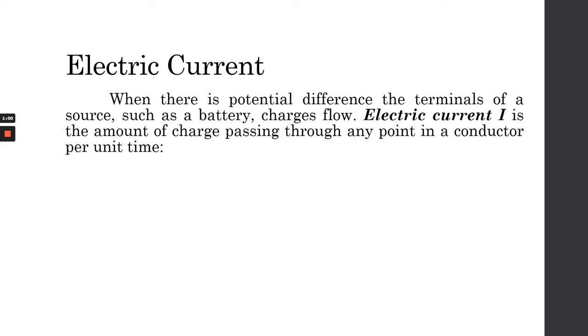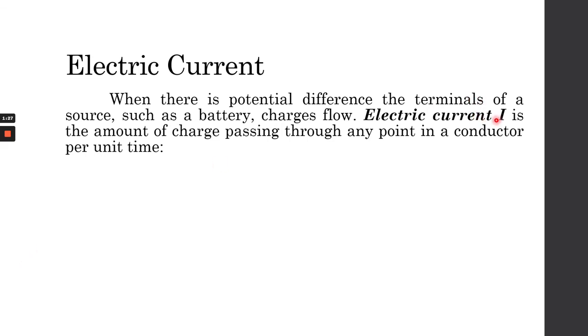This potential difference results in the movement of a charge q, and that movement over time, or per unit of time, is what we call electric current, which we usually denote with the letter I.